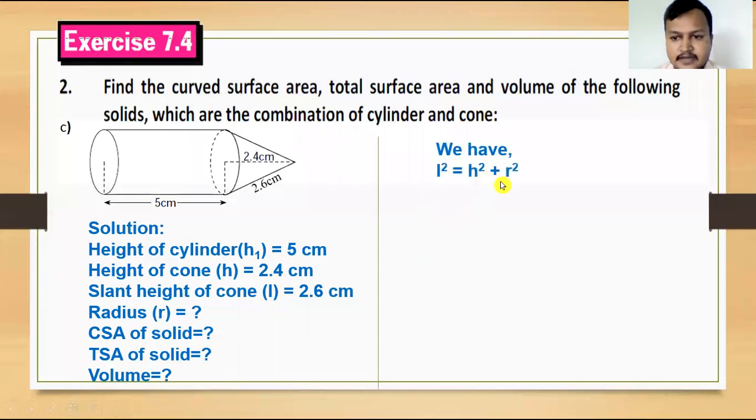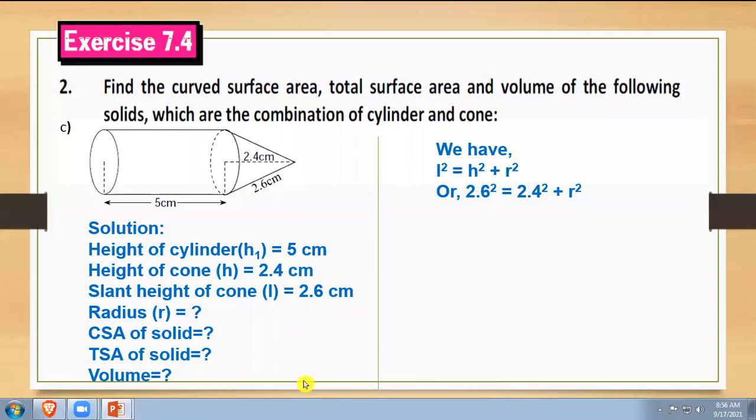L square is equal to h square plus r square. Value of L is 2.6 centimeter. Value of h is 2.4 centimeter. Value of r is not given to us. So put all given values: 2.6 square is equal to 2.4 square plus r square. Now find the square of 2.6: 6.76.